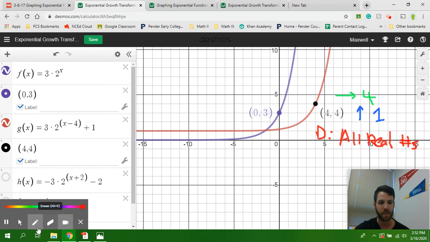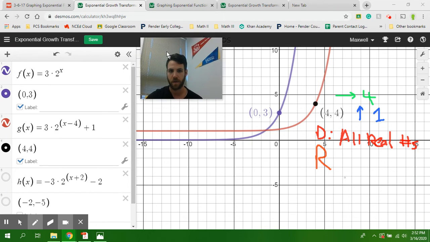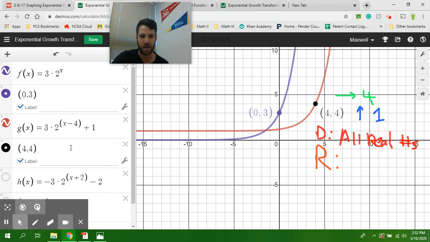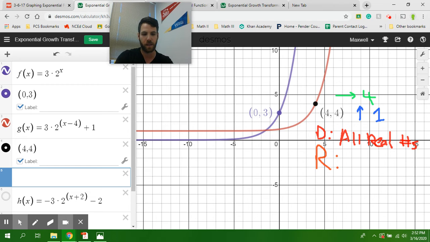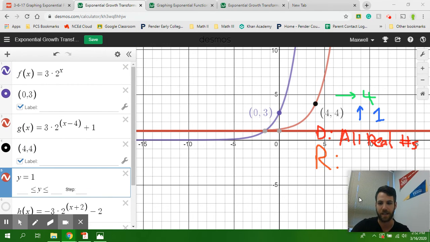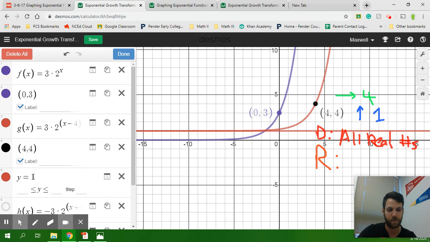The range can be slightly more challenging for a problem like this. And we want to make sure that we are paying close attention to that, in that if we have this red graph, we can see at 1 right here, and I can even add in a little imaginary line here, y equals 1, and even make it a dotted line, so that we can see it a little bit better.